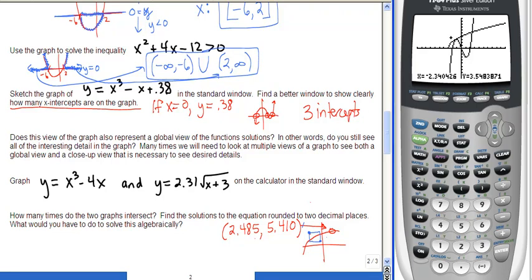So if I go back over here, that position of that cursor looks pretty good for my upper left corner of my box. So I'm going to hit enter, and then I'm going to go down and to the right, and it draws a box as you do this, and you just fit it around the little region that you want to zoom in on. So I'm going to put a little magnifying glass right over that portion of the graph.